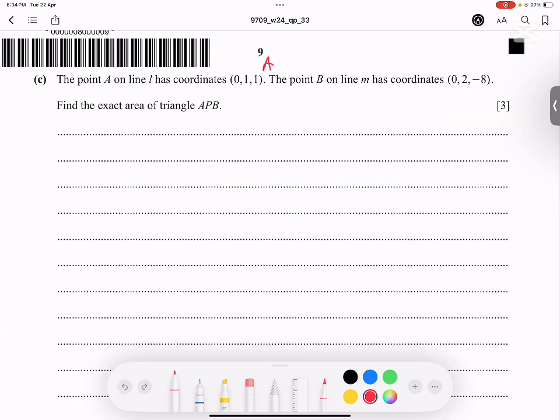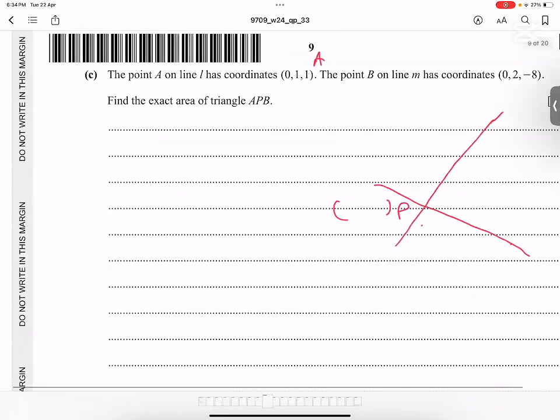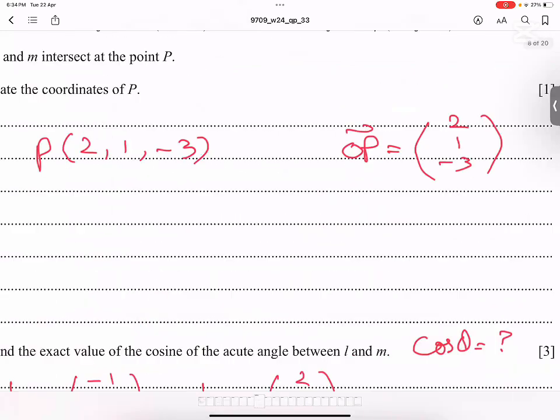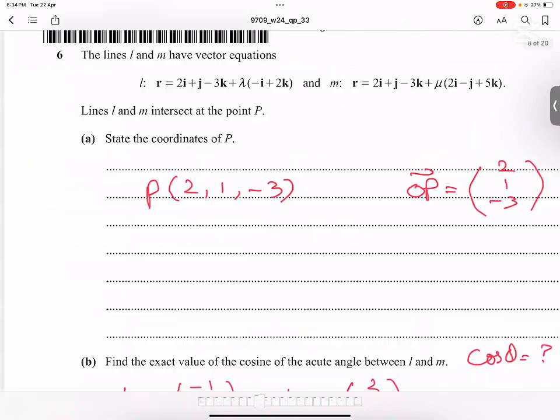And find the exact area. So basically, the two lines are intersecting as we know from before. And this is the P coordinates, and I get the P coordinates back from the previous page, which is 2, 1, negative 3.